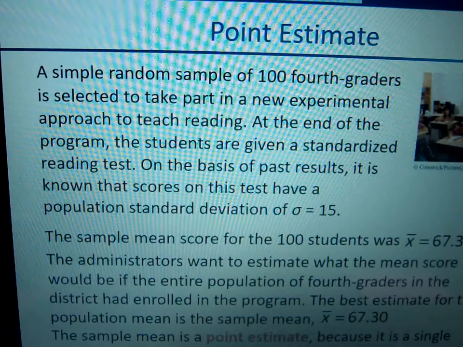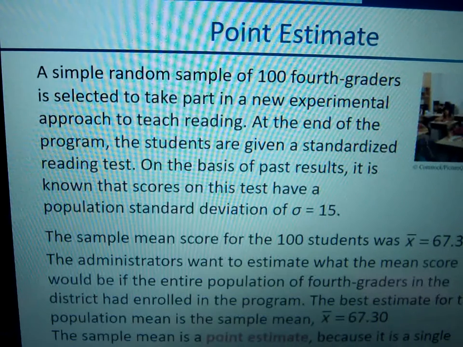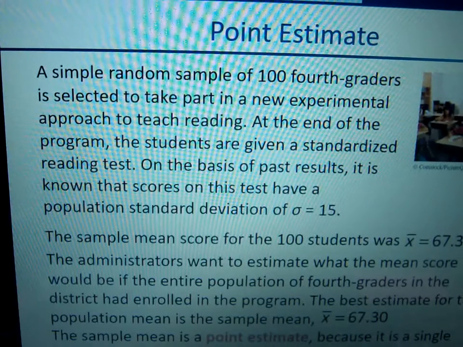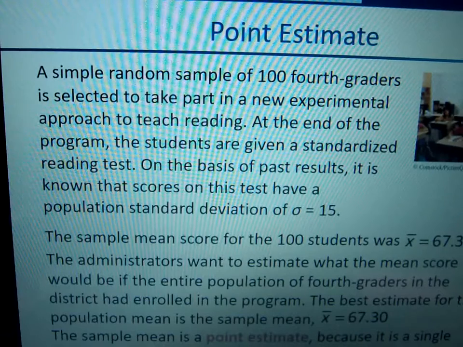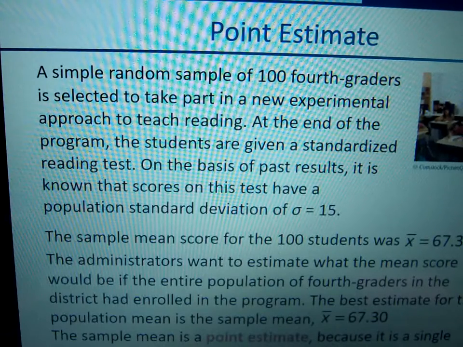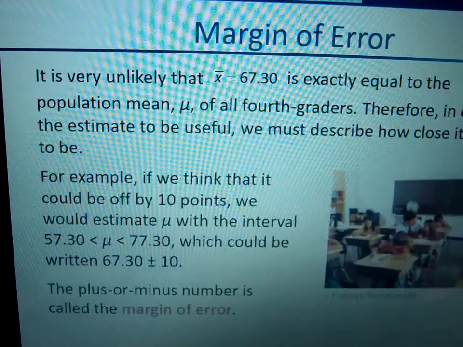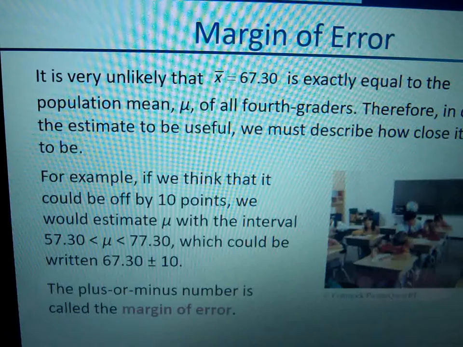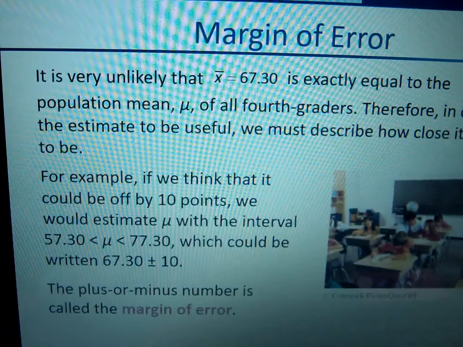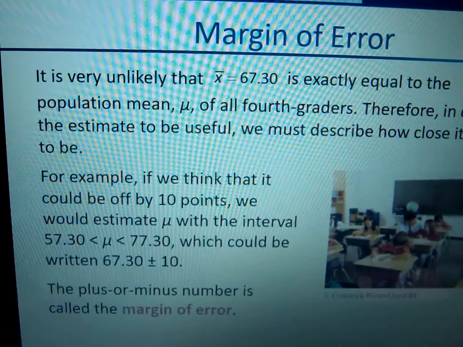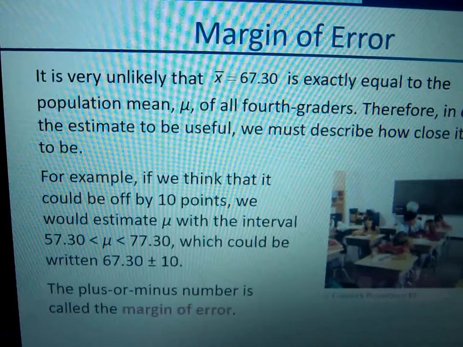The best estimate for the population mean is the sample mean, because the sample mean is a point estimate. It's a single number. So it's very unlikely that 67.30 is exactly equal to the population mean.